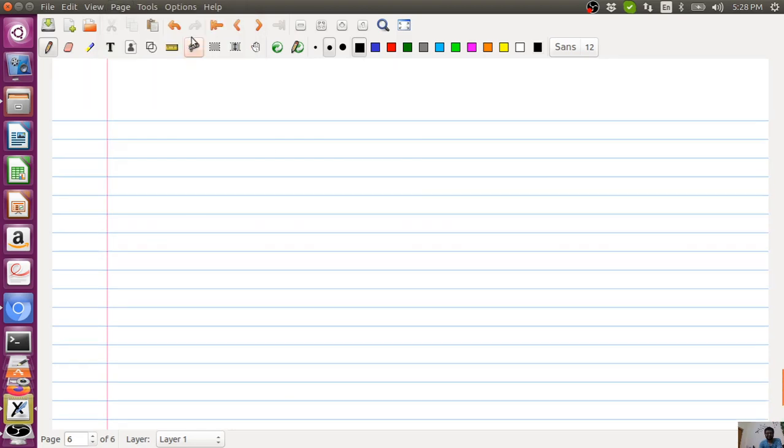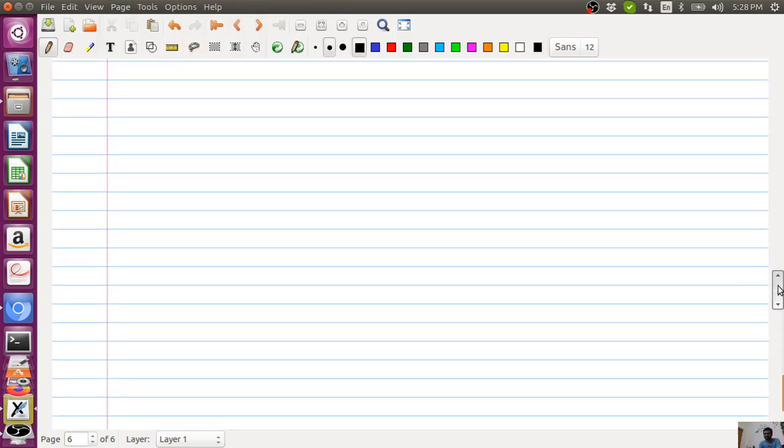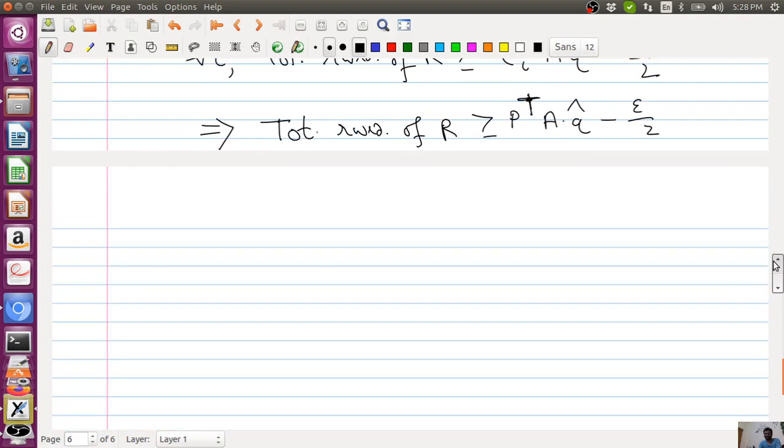So this is true for any p, and in particular for the p that maximizes this quantity. So let me write max over p.